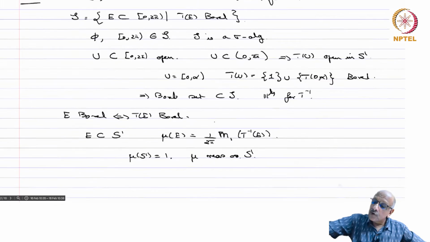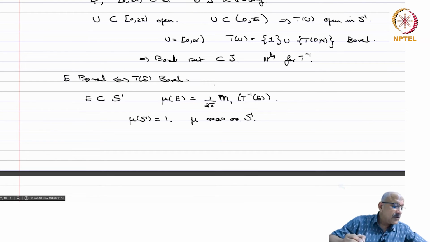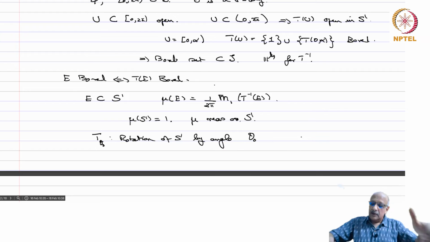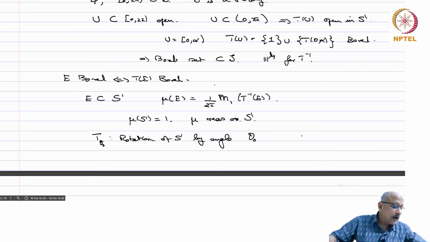Now we want to show rotation invariance. Let R theta naught equal rotation of S1 by an angle theta naught. So you take the circle and you rotate it, you get back the circle again.